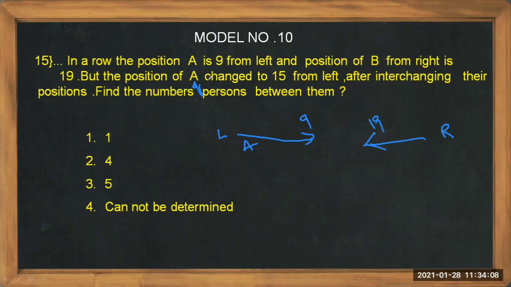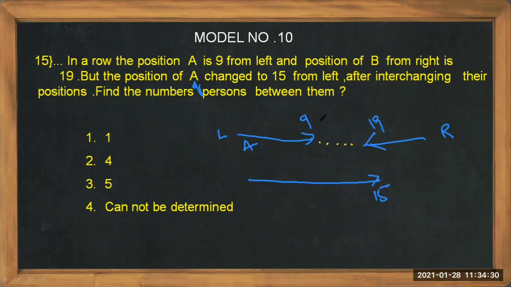Now the position of A changed to 15 from the left after interchanging their positions. So we need to find the number of persons between them, how many are there between these two.